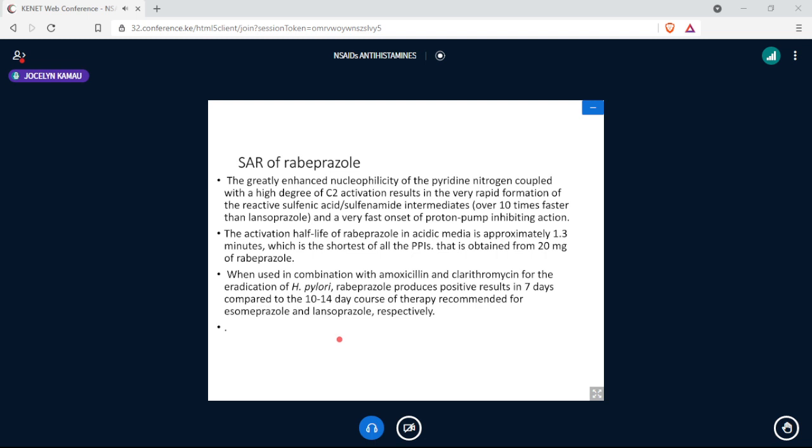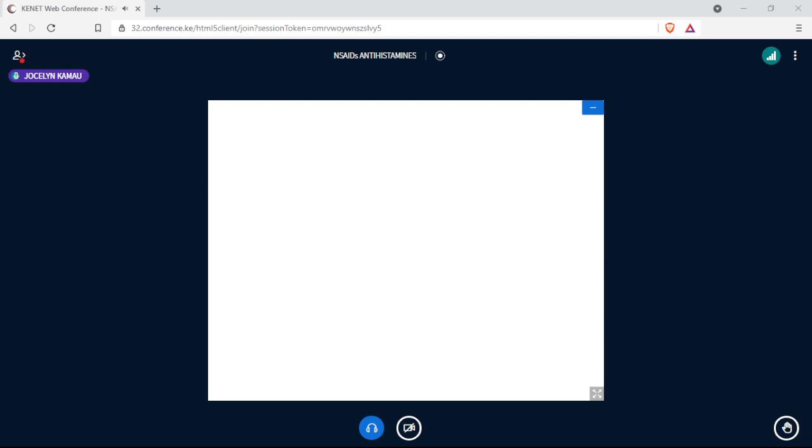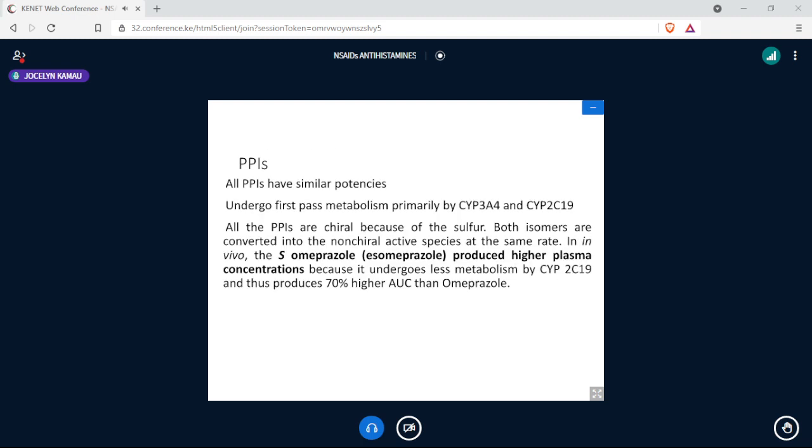So you can see the advantage of the higher reactivity of rabeprazole. That higher reactivity gives an advantage. But of course, the higher the reactivity is, the more modern the drug is, and the more expensive it is. That is the only problem. That drug will be unaffordable, unavailable for many because of the cost implications.